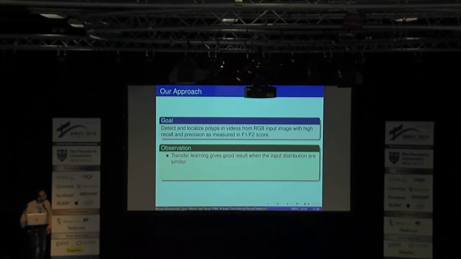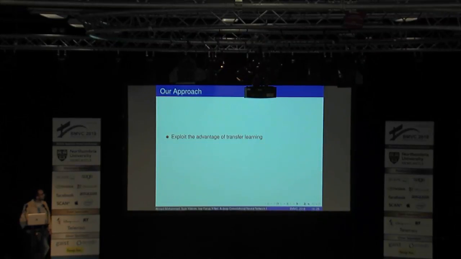There have been multiple empirical evidences showing that transfer learning gives good results when the input and target data distributions are similar, and training from scratch works in case you have very small samples. That's shown in, I think, a paper that came out in May from Google.